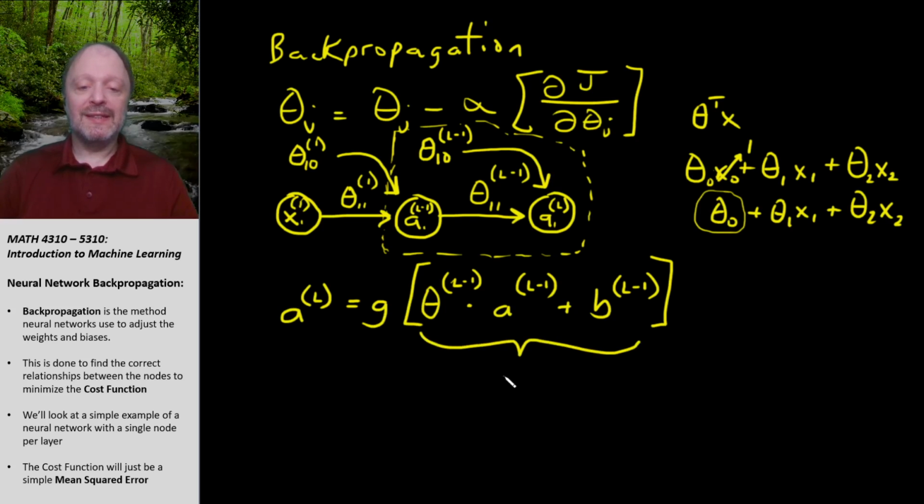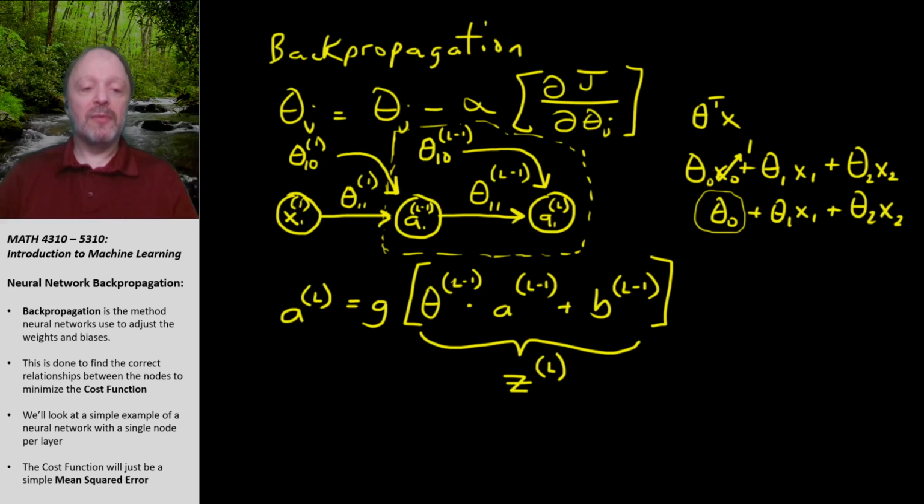We're going to call this Z. And that's exactly what we've done in the past. So this is going to be Z of L, because once I feed the previous weight multiplied by the previous activation and then add the previous bias, that gives me my Z, which is then worked on by the sigmoid, which maps it between 0 and 1, which is then assigned into the current activation, the last activation that we're looking at here. Alrighty? I know that's a lot, right?